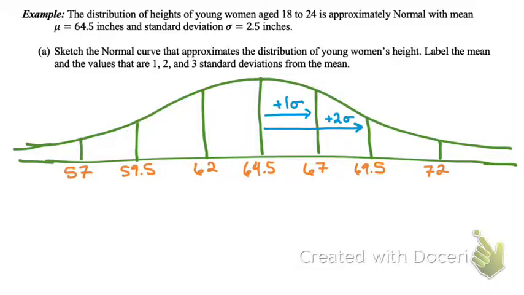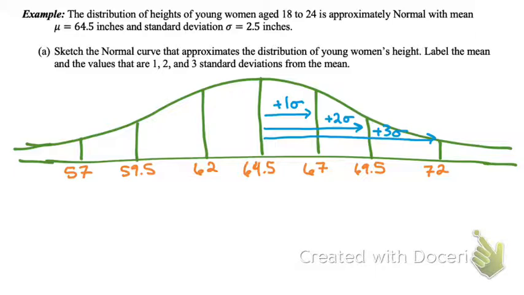I know that's not what you actually did. You just did 67 plus 2.5, but I want to remind you that if I took the mean and I added 2 times 2.5, I would have got 69.5 as well. Same thing with the plus 3 standard deviations.